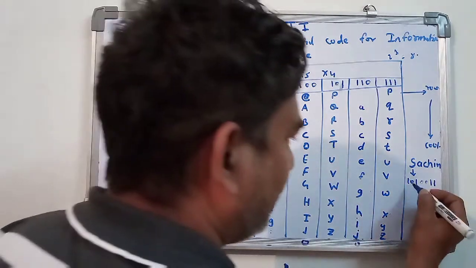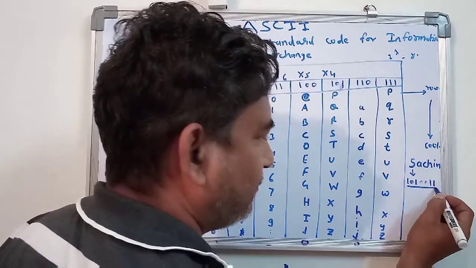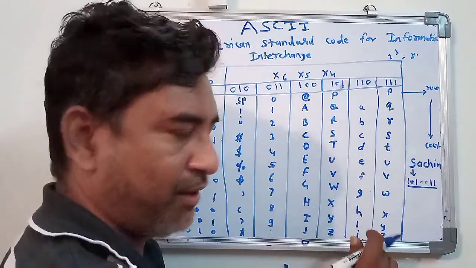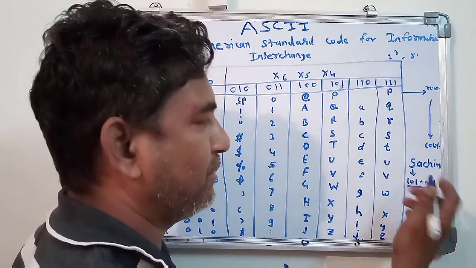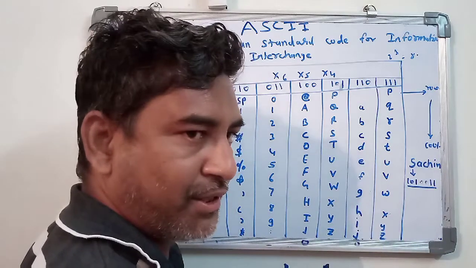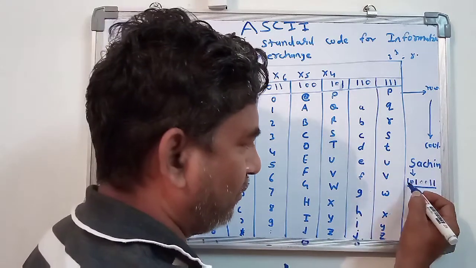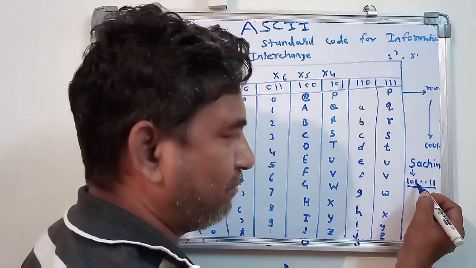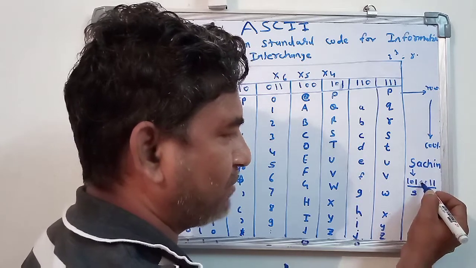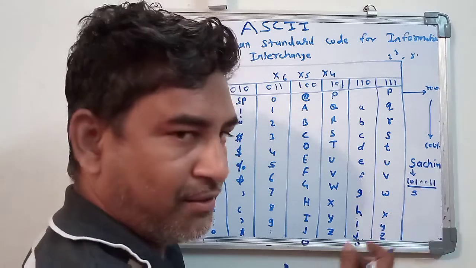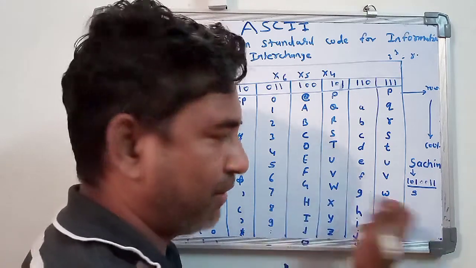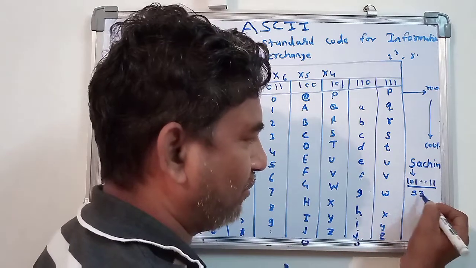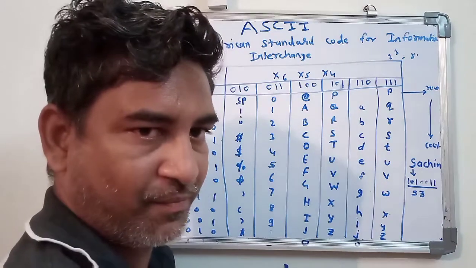So this much of the conversion occurs inside the computer, and the code gets generated. This code 101 is nothing but 5, and 0011 is nothing but 3. So 53 is the code for the S.